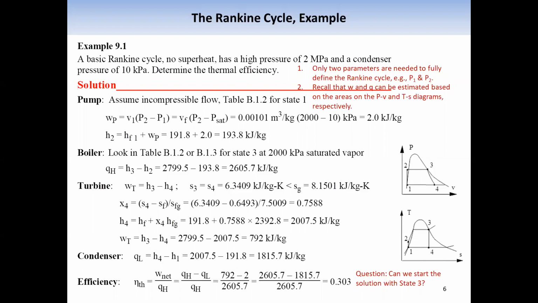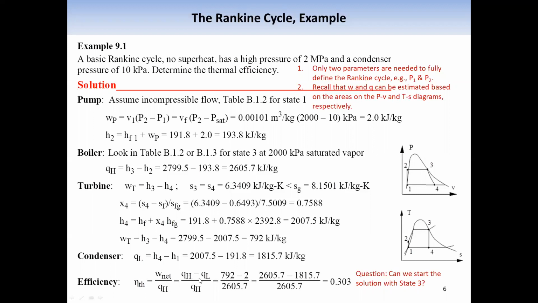If we can find all the properties, including the heat transfer term, we have to rely on the Q. Q can be estimated based on the first law. So the thermal efficiency of this thermal engine can be estimated based on the definition.